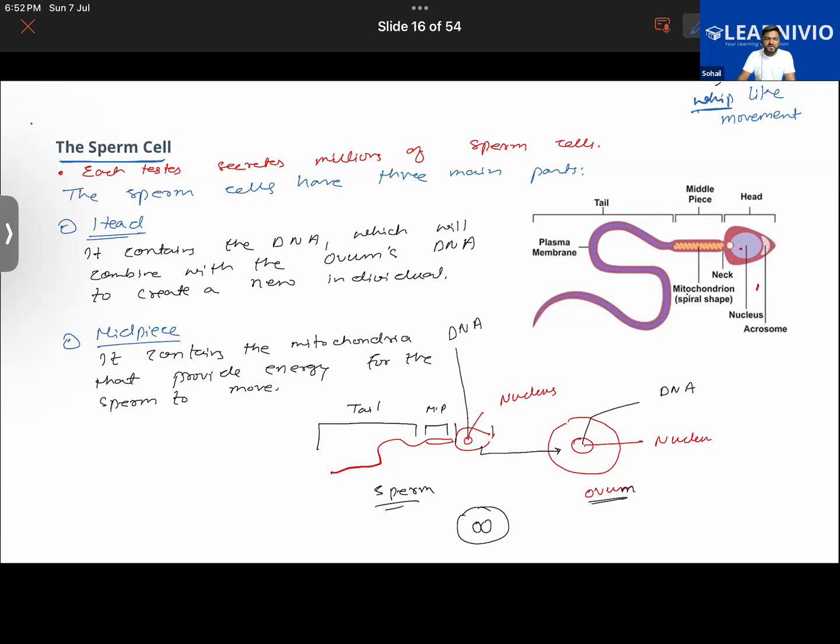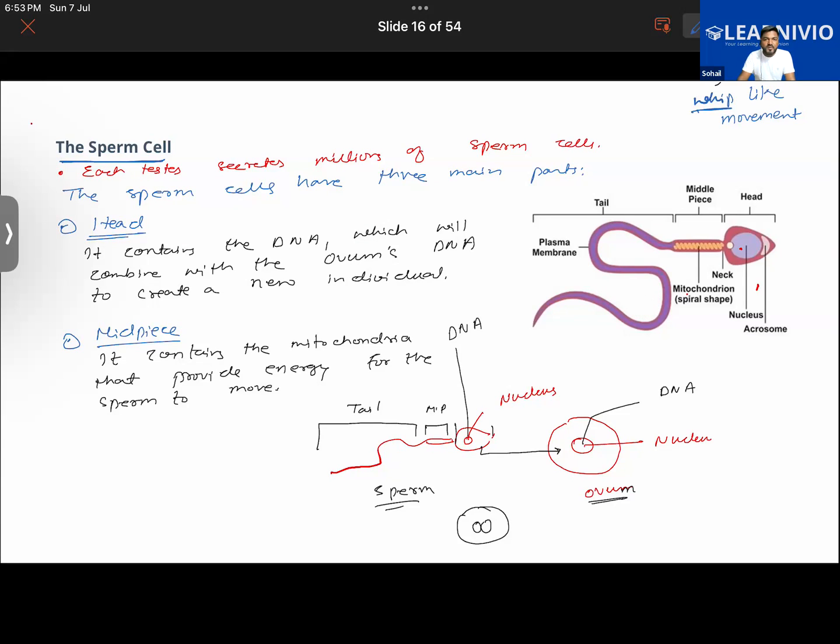Not specifically like a caterpillar; that wouldn't be the proper example. You guys understand what a whip is? When you strike a whip, how does the whip move? Somewhat similar to that, it will be moving, and it basically sways.